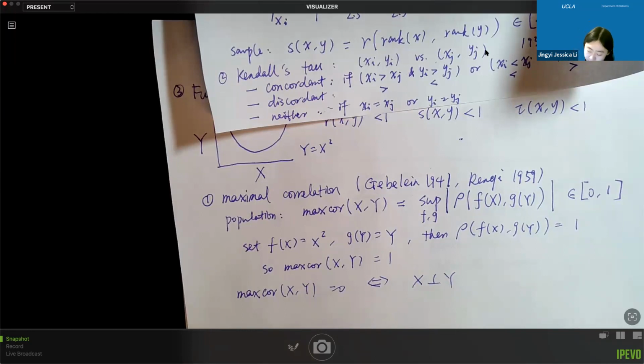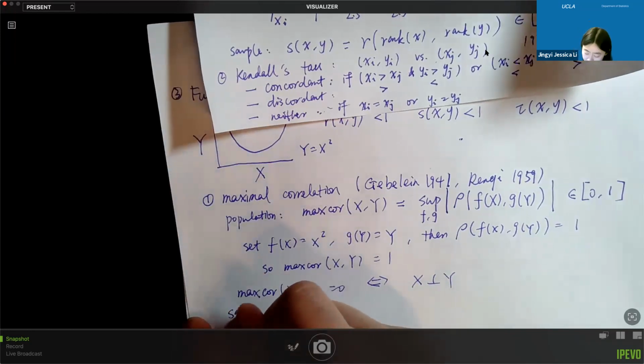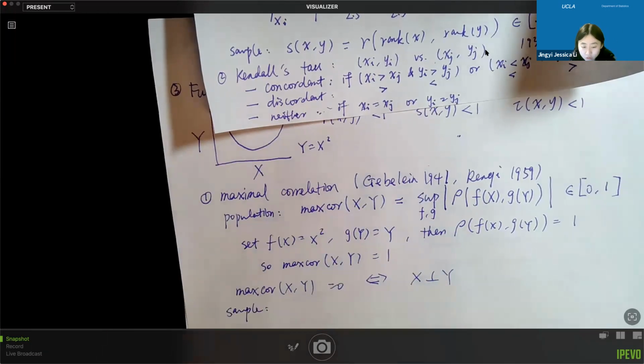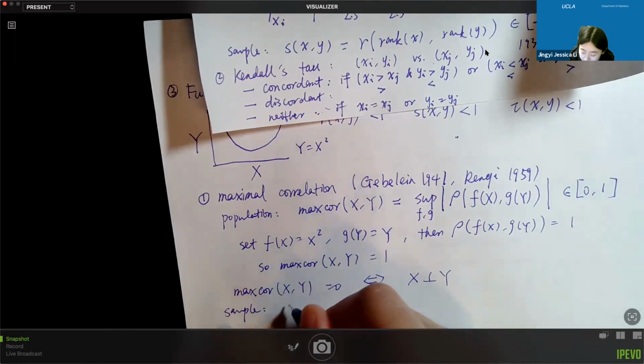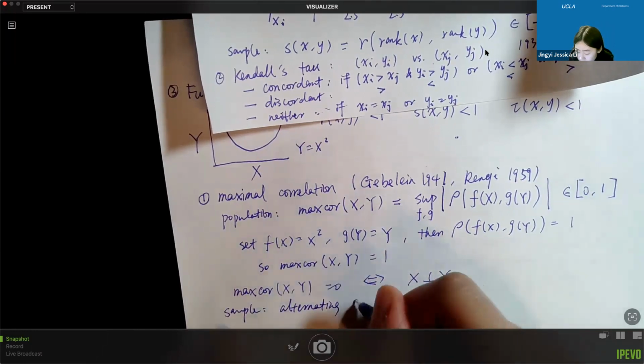So on the sample level, the calculation of maximal correlation wasn't feasible until the 1980s. That is something we call the algorithm of alternating conditional expectation.